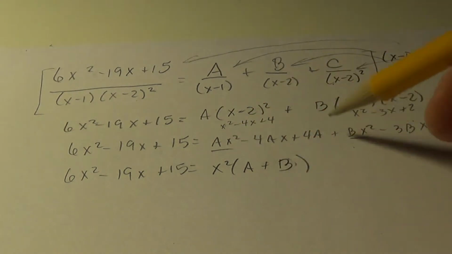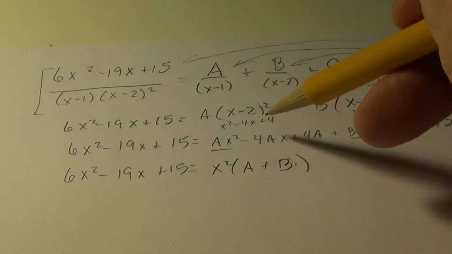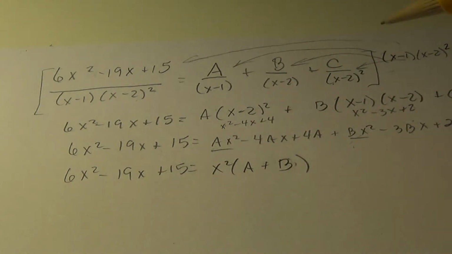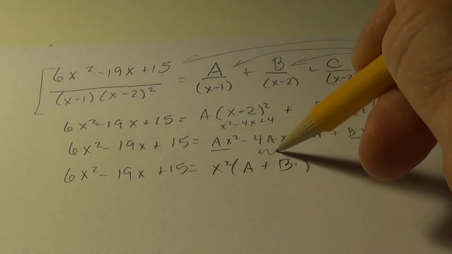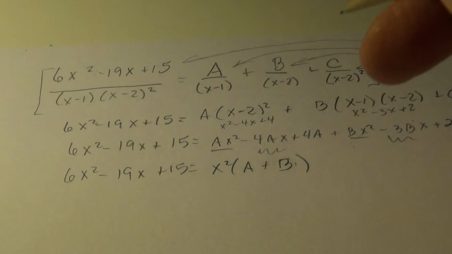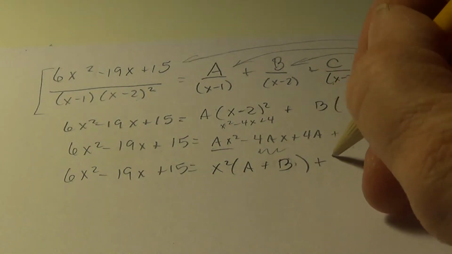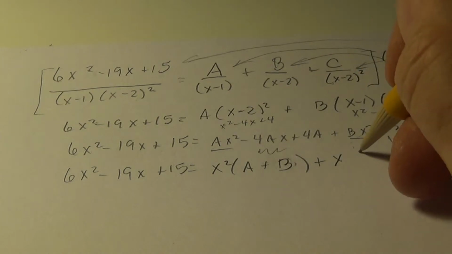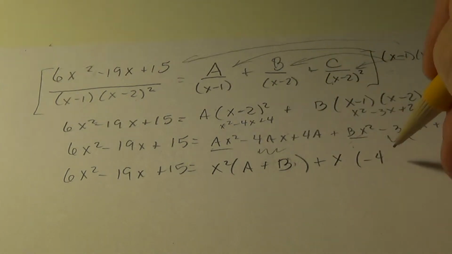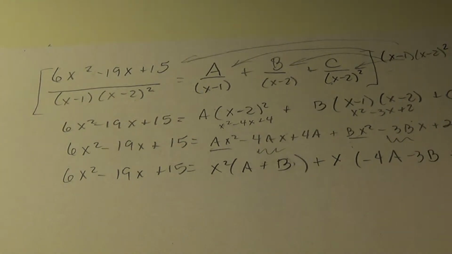So pretending these terms were side by side, I pulled out an x squared in front and it left an A plus B. Now I'm going to do the same thing for the terms with an x in it. There's 3. So if I pull an x out of those terms, it leaves a minus 4A out of that term, a minus 3B out of that term, and a plus C out of that term.